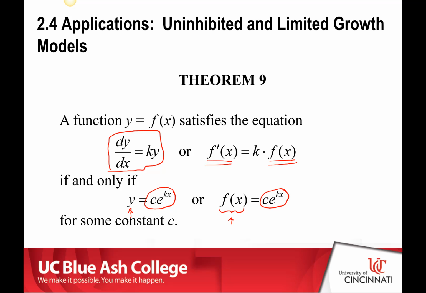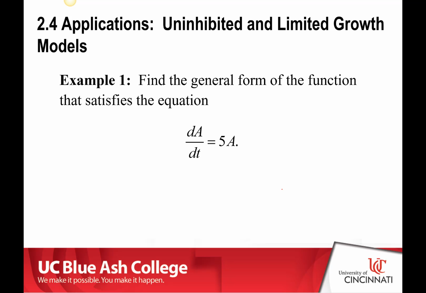To make it hopefully a little bit clearer, let's take a look at something like this. What this says is when we take the derivative of a function, we get back the function times 5. So what we want to do is figure out a function named a, and what's the variable we're going to use in this function a?